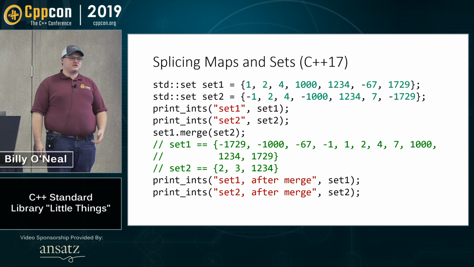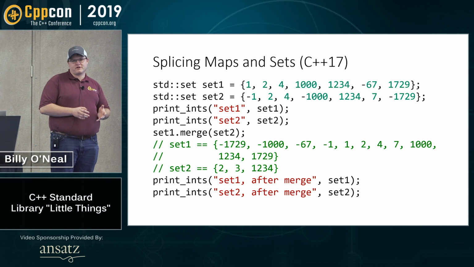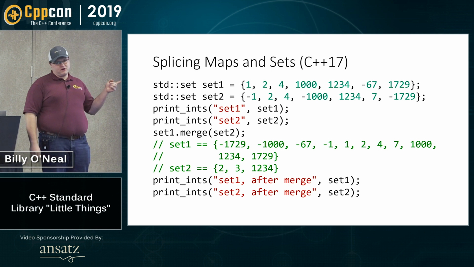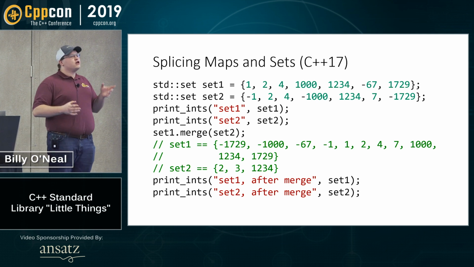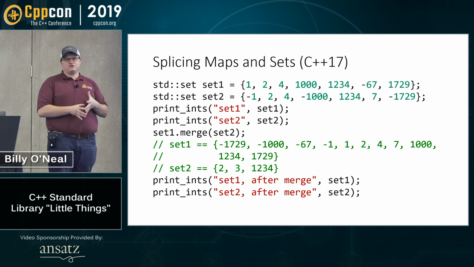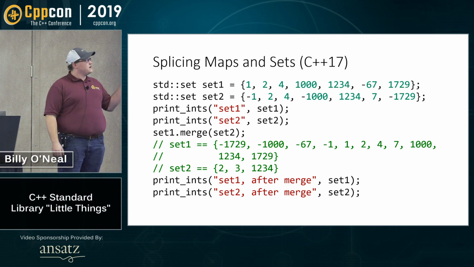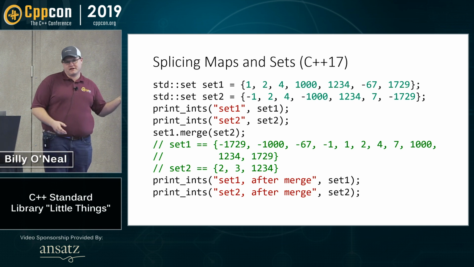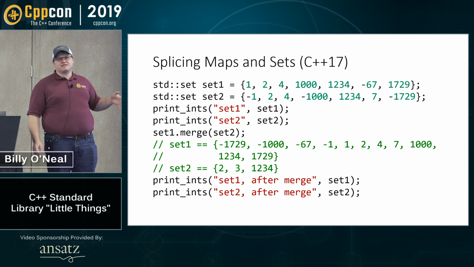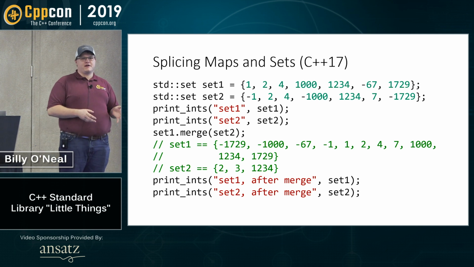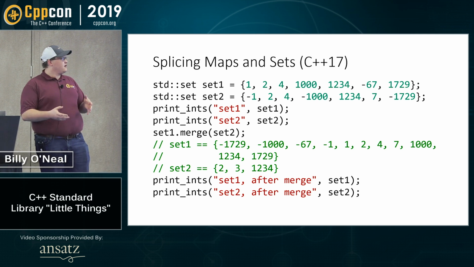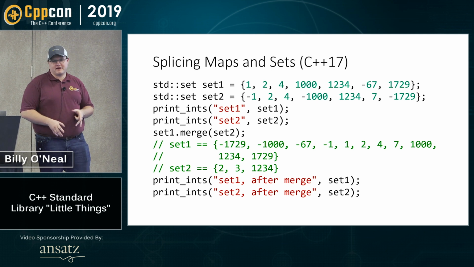You could use vectors and std set difference and things like this, but you can do merge just like you could merge two sorted lists into an overall still sorted list on list and forward list. You can merge the associative containers, and the elements that are in one of the containers but not in the other one will be spliced over effectively.